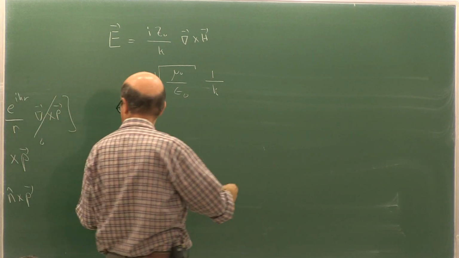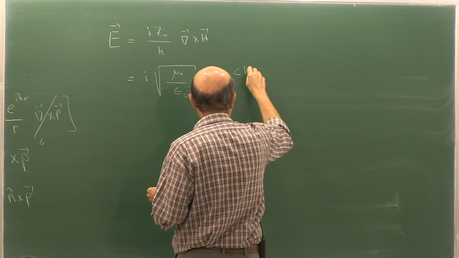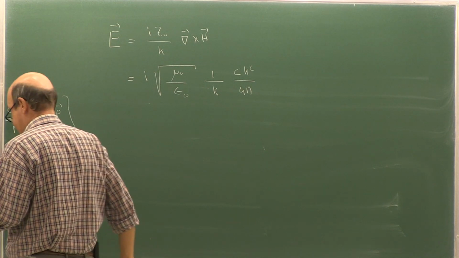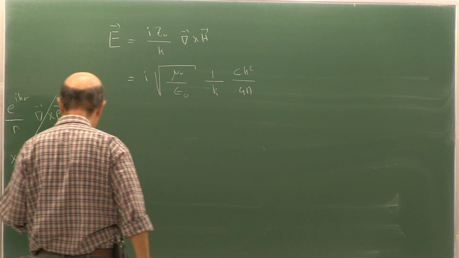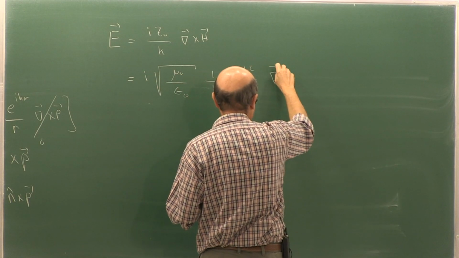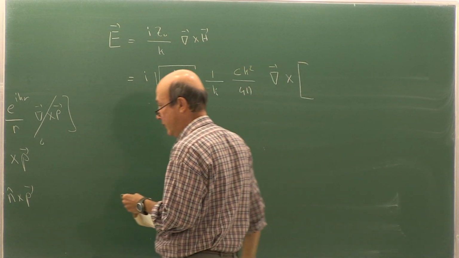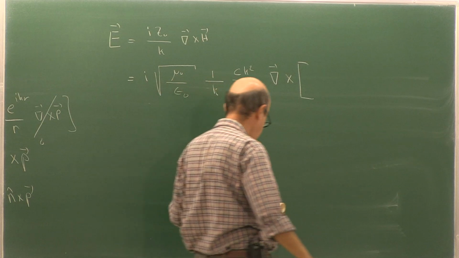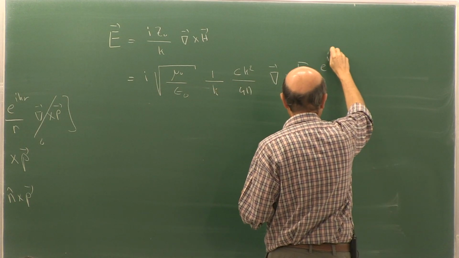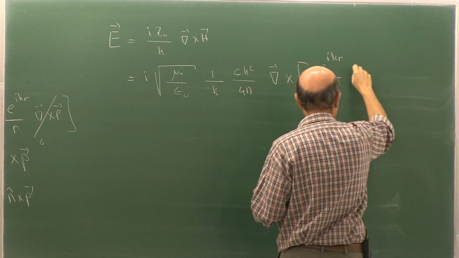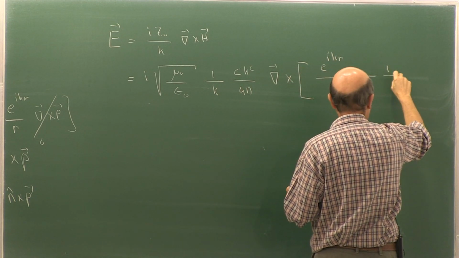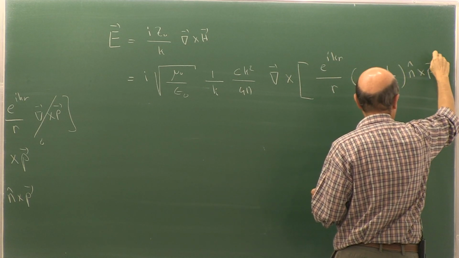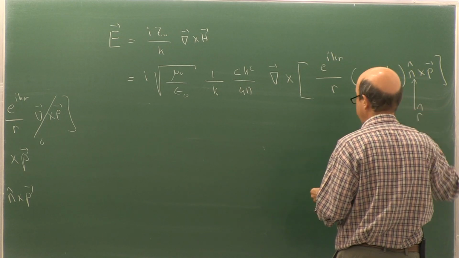The coefficients are c k square over 4 pi, and the curl of this bunch of terms, including the spherical wave, e to the ikr over r, times 1 minus 1 over ikr, n cross p, where n is our unit vector.